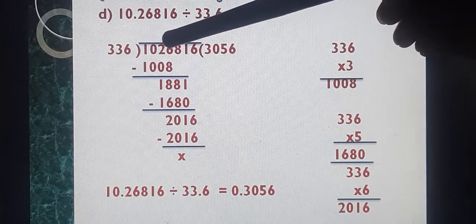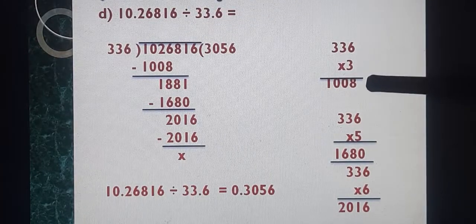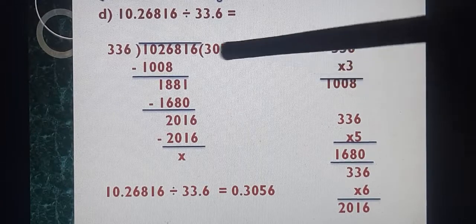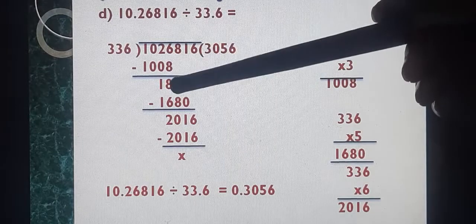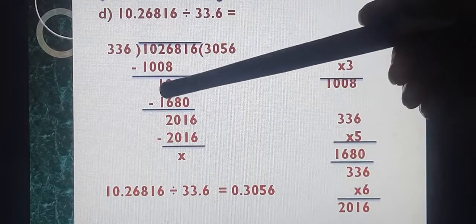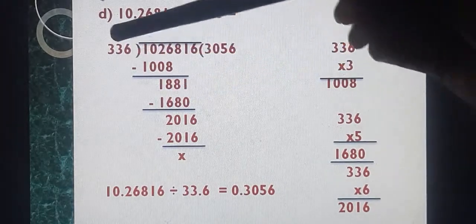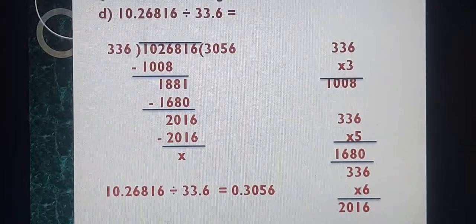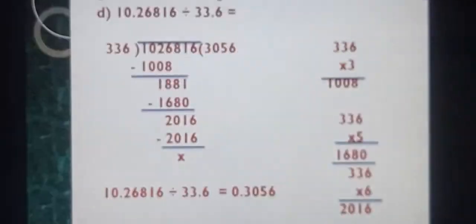Now it is 1026. 336 3s are 1008. So we will write 3s are 1008. Now 16 minus 8, 8. And here 1 minus 0, 1. Next digit 8. 188 is less than 336. So we will take 0 in the quotient and we will consider next digit. Now it has become 1881.